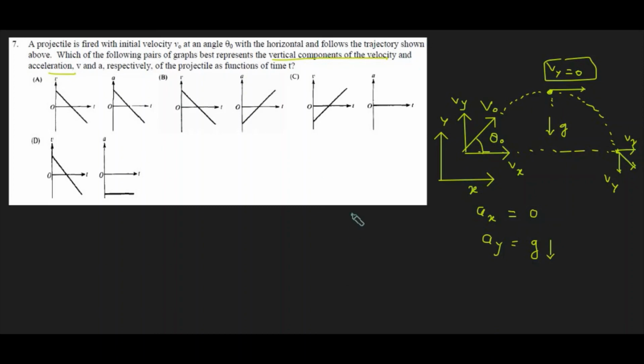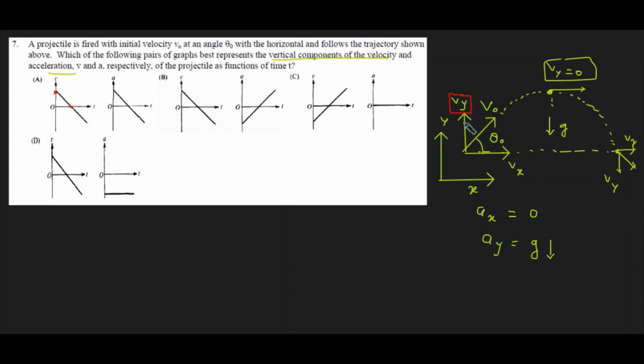Now let's analyze the options. In the first option, the velocity at initial time t equal to 0 is positive. So here also we are getting that the velocity along the positive y direction is initially positive, and after some time when it has reached the maximum position, the velocity is equal to 0.